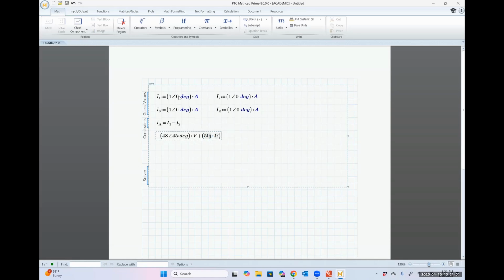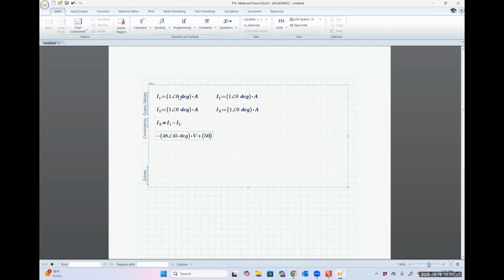So 50J, and the multiplication here is critically important, okay? Let me show you what I mean. Right now, this J is in non-italics, so it's treating that J as if it were the imaginary operator, the square root of -1. If I just did J and then omega, without that multiplication sign, it's italicizing that J, which means it thinks it's part of some variable J omega, which is very much what we do not want.